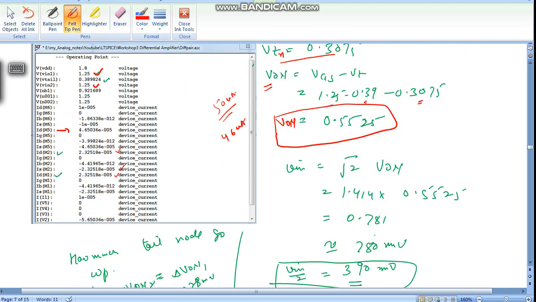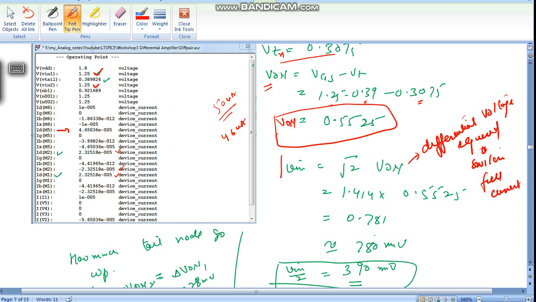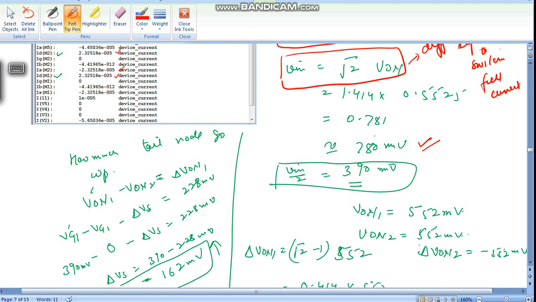Okay, now we know the differential voltage required to switch current. That is Vin differential equals square root of 2 times Von. Von we have calculated as 0.55, so this will come to 780 millivolt. This much is required.